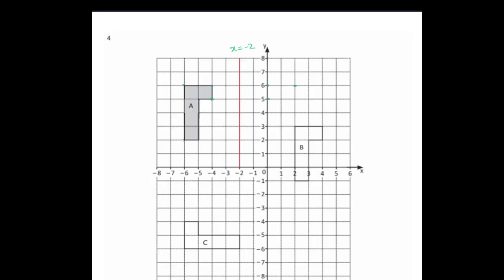Same way, this vertex is 1, 2, 3, 4. And this vertex is 1, 2, 3, then 1, 2, 3. And this vertex is 1, 2, 3, so it will be 1, 2, 3. This one.